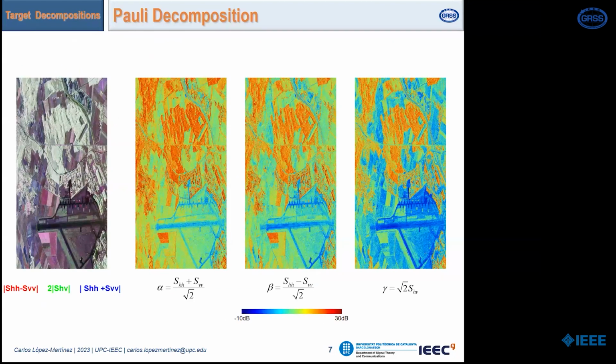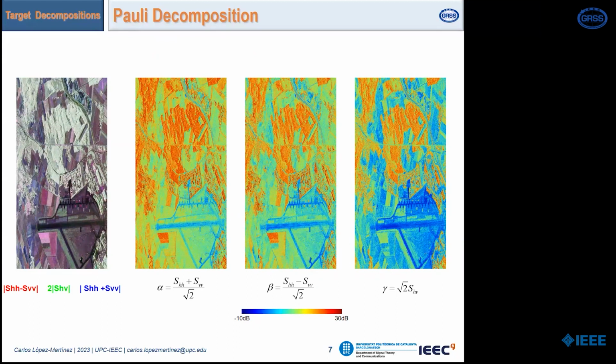So let's make it. This is very simple. In the case of this image, this is alpha, this is beta, and this is gamma, and this is the plot of these. If we look, for instance, at this area in here, this is surface scattering.